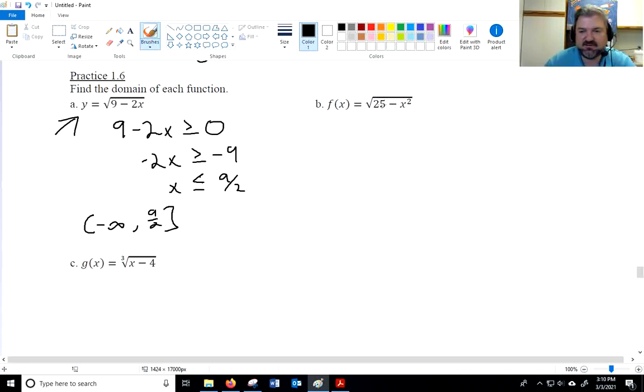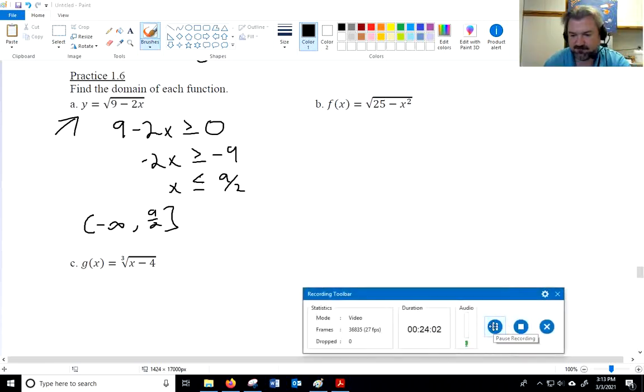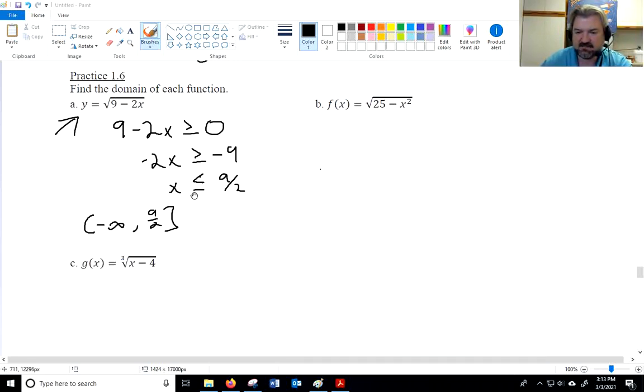On this question here, we need to be a little more careful. We know that in order for f to be a real number, I need to make sure that this graph is above the x-axis. So we need to make sure that this portion here is greater than or equal to 0.